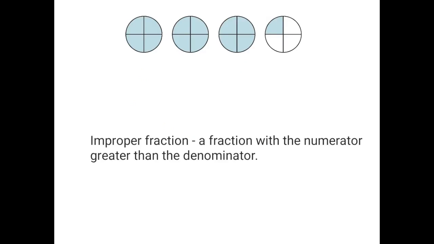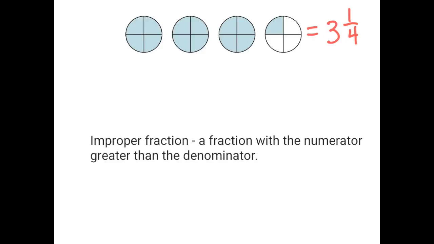Another way to look at a mixed number is by looking at it as an improper fraction. In my diagram that I had previously, we made a mixed number out of these diagrams. We have 3 wholes and 1/4 of the other circle. So I had a mixed number of 3 and 1/4. But I can also write this as an improper fraction.